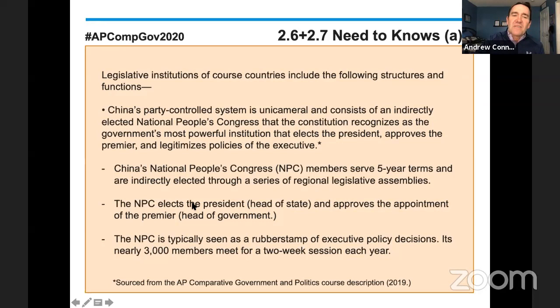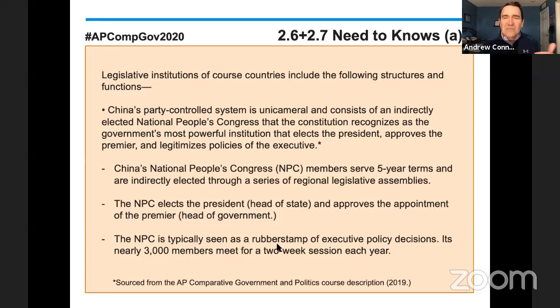The National People's Congress does elect the president as the head of state and approves the appointment of the premier as the head of government. I mentioned that before. A word you often see when it comes to more authoritarian governments and the role of the legislature is that the National People's Congress works as a rubber stamp. That's a metaphor for essentially approving every policy that the executive is suggesting.